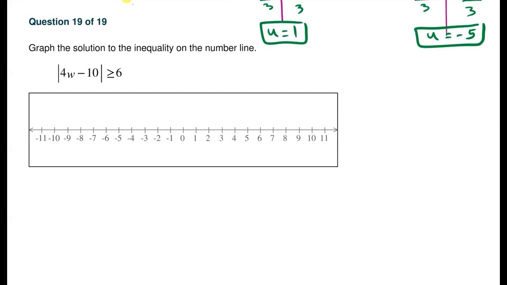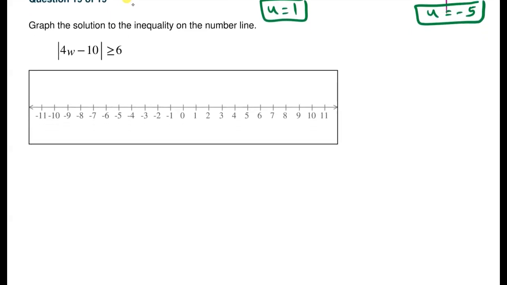Last problem, number 19. You have 4w minus 10 greater than or equal to 6. So we have an absolute value involved with the inequality sign. What we're going to do is figure out what kind of problem we are working with.